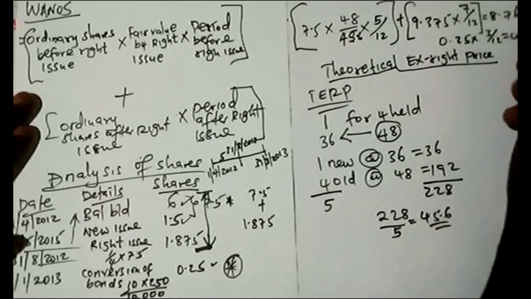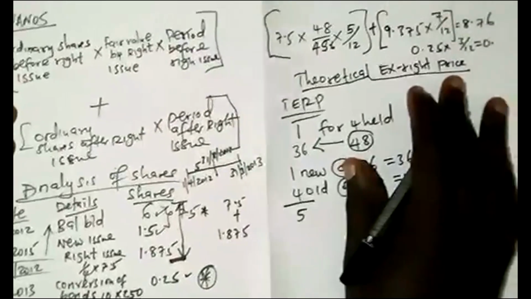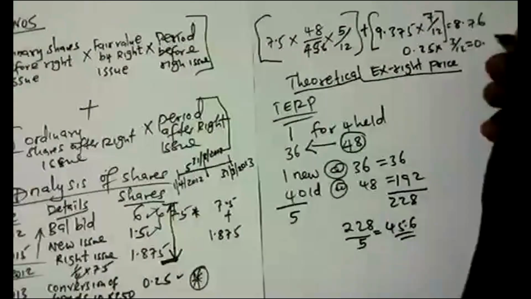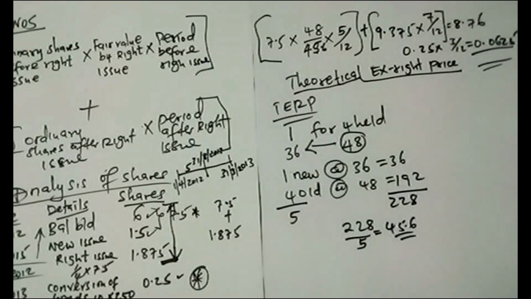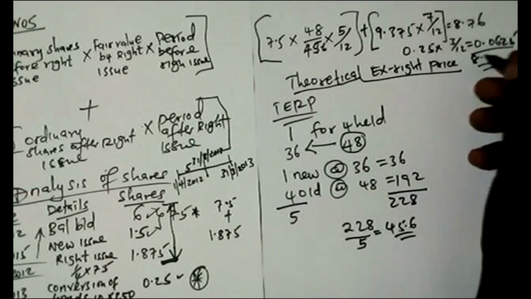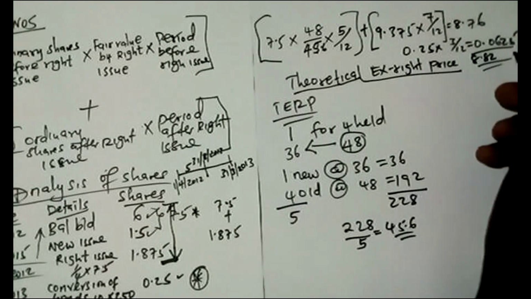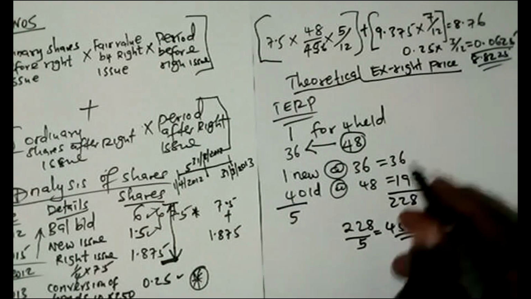So this one is 0.0625. So add it to 8.76. So this is 8.82625.